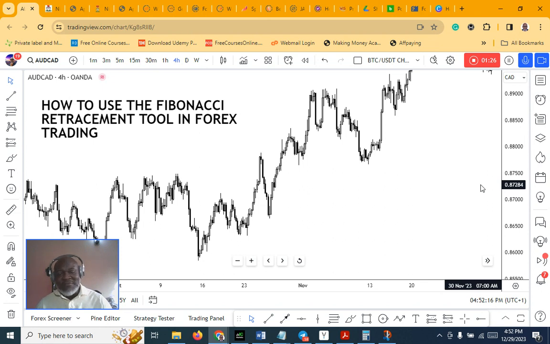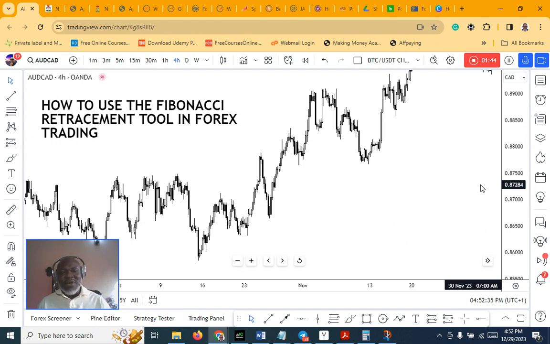That's why it is important for you to know where the retracement will end and where the impulsive move will begin. So these are the most important things you need to know about the Fibonacci retracement tool.